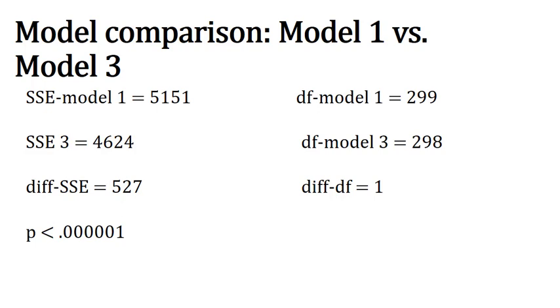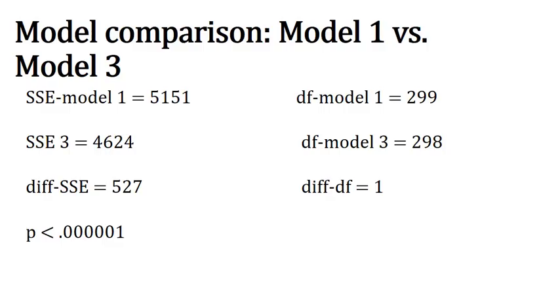So we get rid of beta 2 and we obtain model 1. So they are nested. The difference is 527 with 1 degree of freedom, and again that's very unlikely. So basically model 3 is better than model 1.